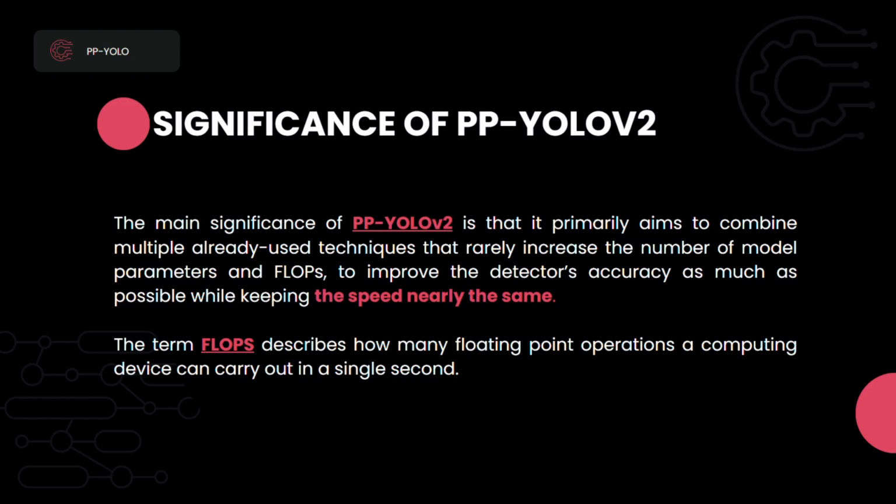And the term FLOPs here describes how many floating point operations a computing device can carry out in a single second. So FLOPs is a metric that's commonly used in computer science to measure the amount of floating point operations that are computed by a certain computing device.